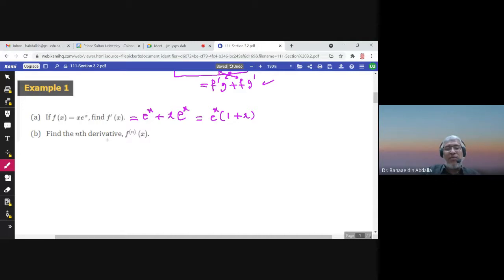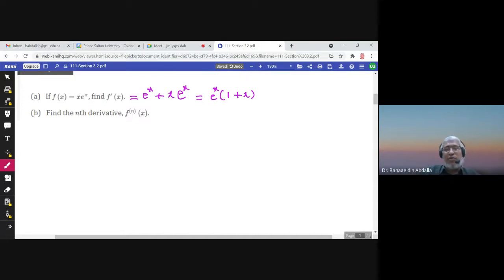He says here, find the nth derivative of x e to the x. And remember, the nth derivative we write like this, f to the power parentheses and n inside them. So to find the nth derivative of this function, let us find the second derivative.